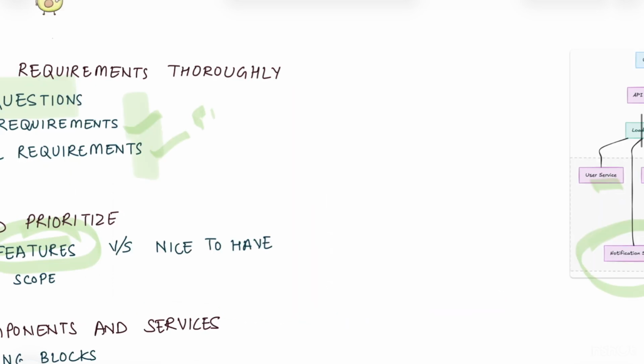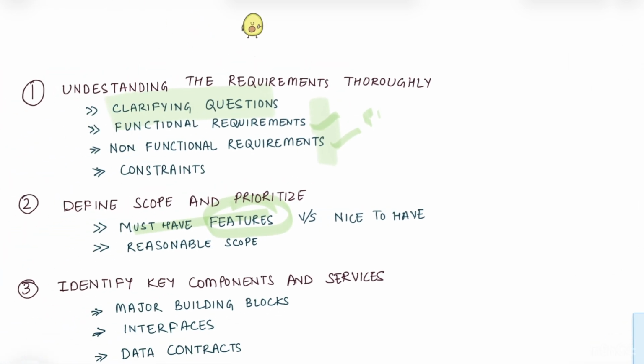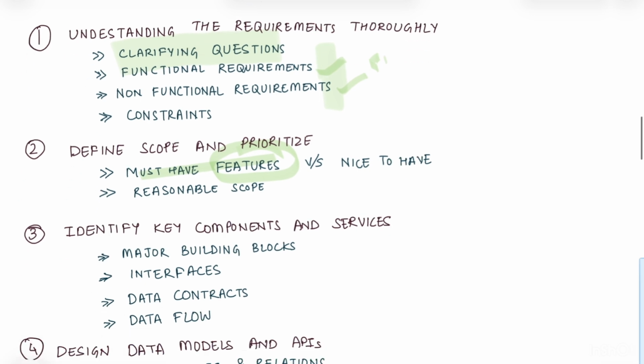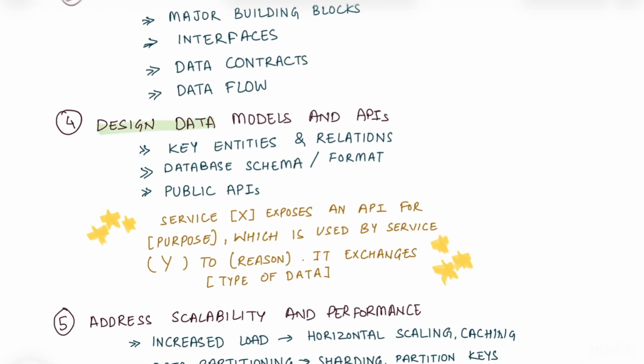Coming on to the next section that we have to discuss, after we have discussed the components, we have to think about the data. What entities exist in our system?